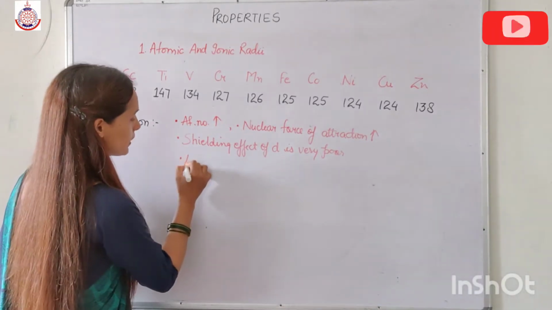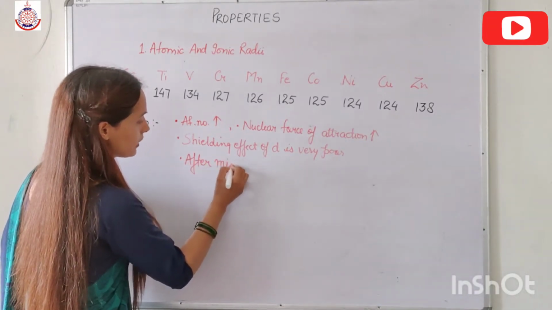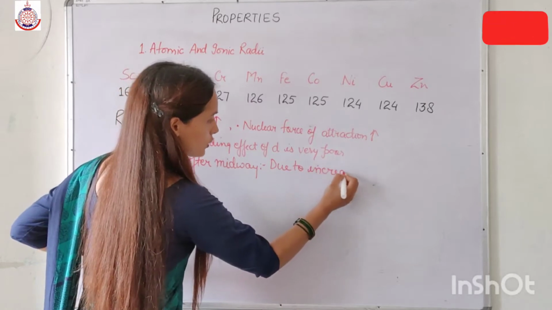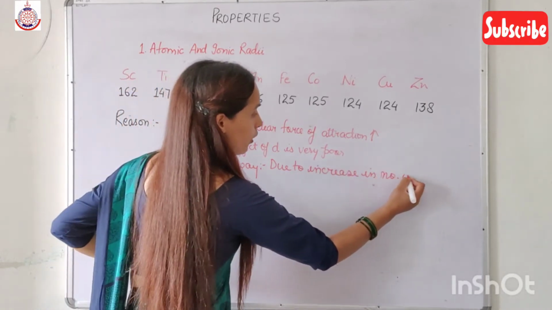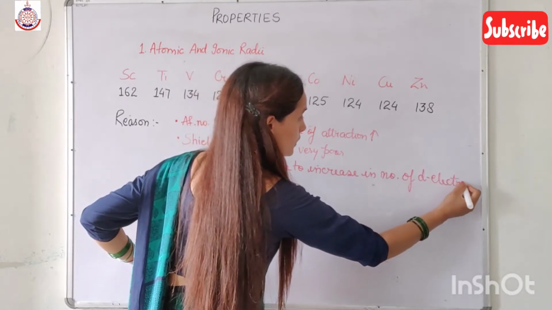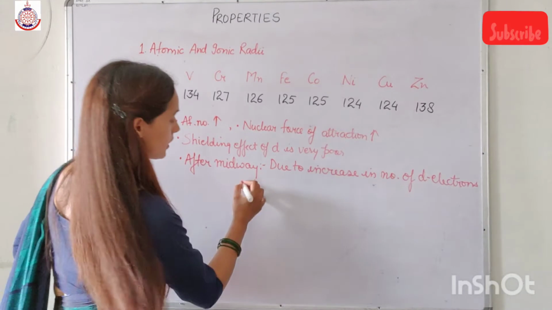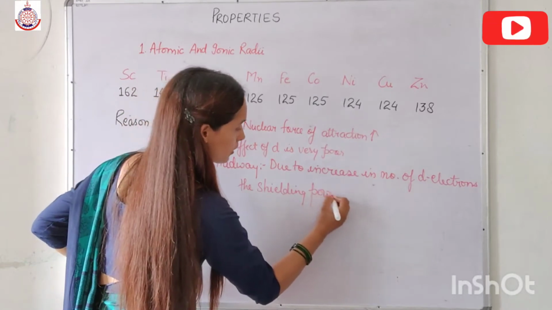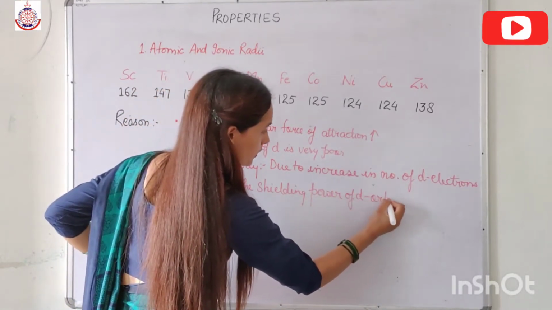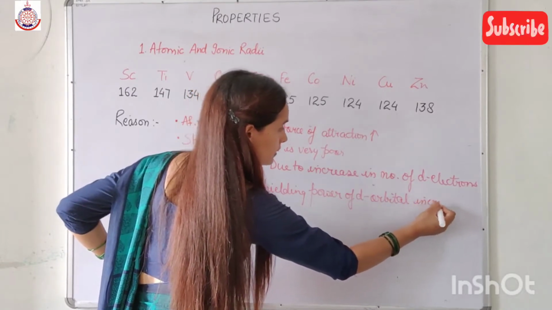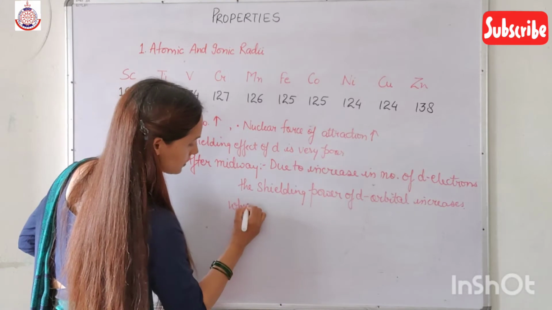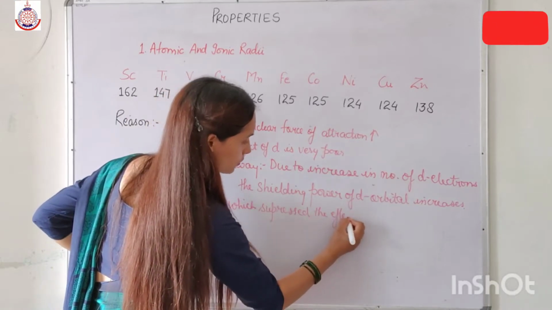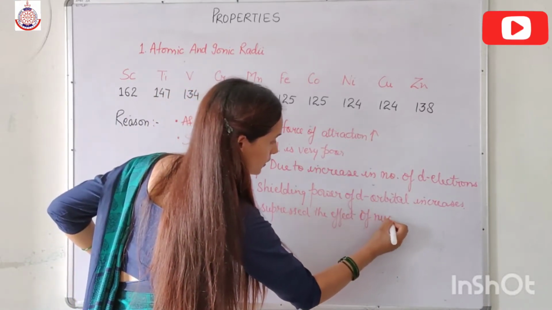Because after midway, due to the increase in the number of d electrons, the overall shielding power of the d orbital increases, which suppresses the effect of the nuclear charge.